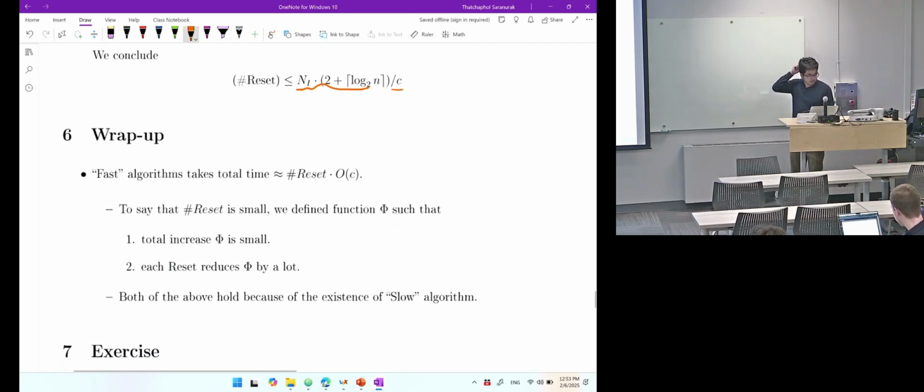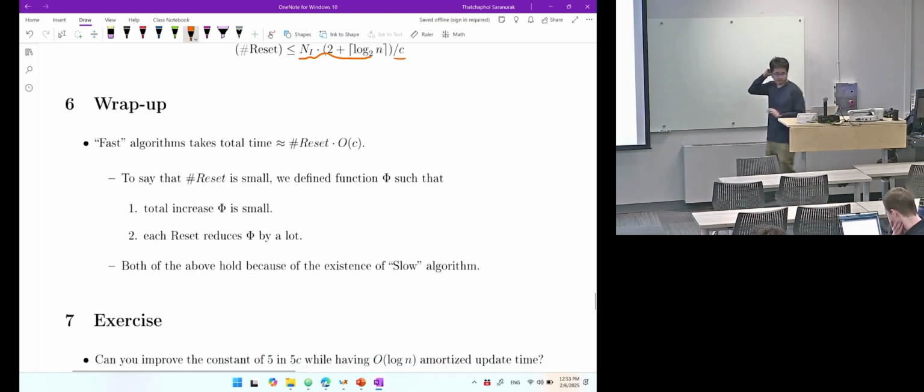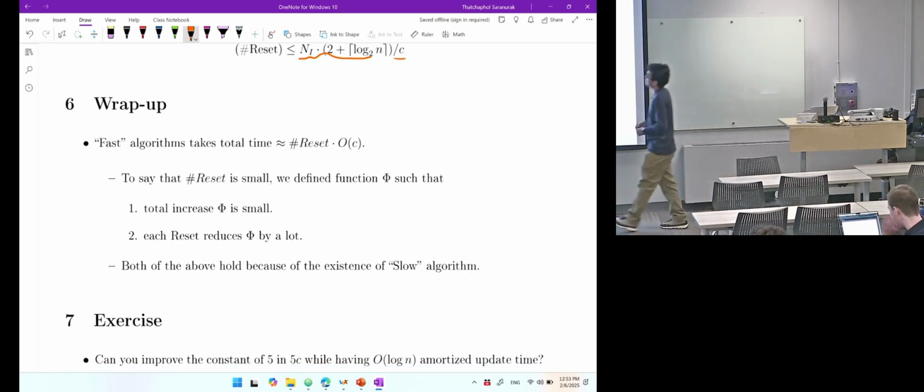So let me wrap up. The fast algorithm takes total time something like the number of resets times C. To say that the number of resets is small, we defined a potential function such that the total increase is small.